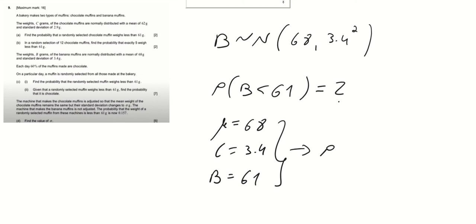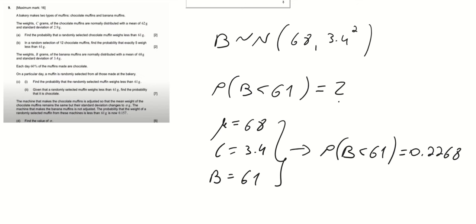And I'm using the calculator to calculate the probability that B will be less than 61. The calculator gives the answer 0.2268. So this is just the probability of weighing less than 61 for a banana muffin.